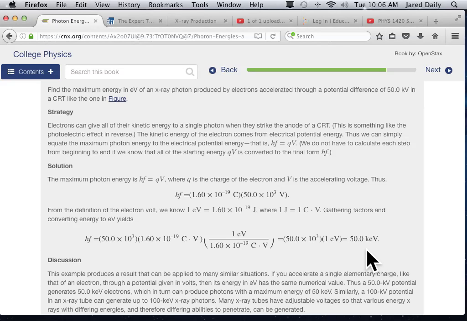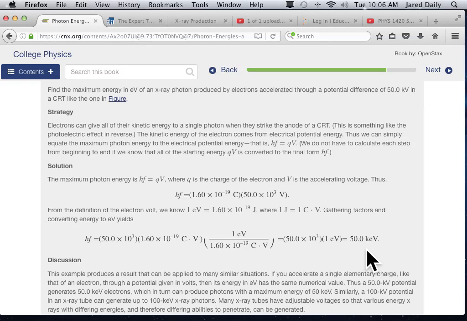Now this is the beauty of using electron volts for your energy when you're doing radiation. If you know the voltage or the potential difference that the electrons are going through, in this case 50 kilovolts, then the light that's going to come out is going to have an energy of 50 kilo electron volts. We just did all this calculation, we got the same number. That's the beauty of it.